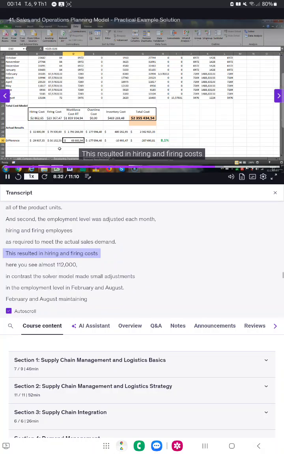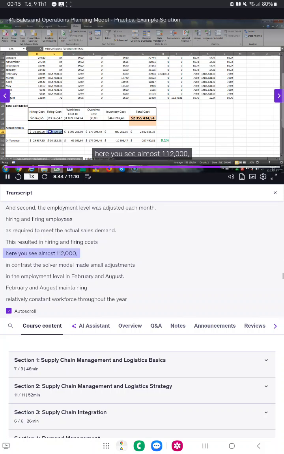This resulted in hiring and firing costs. Here you see almost $112,000.